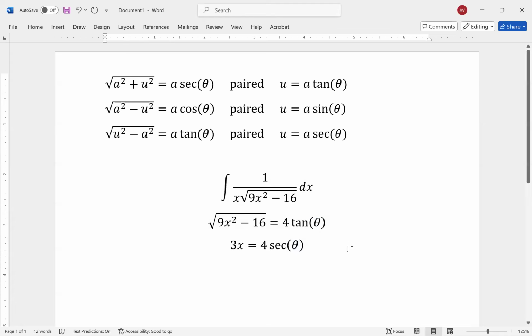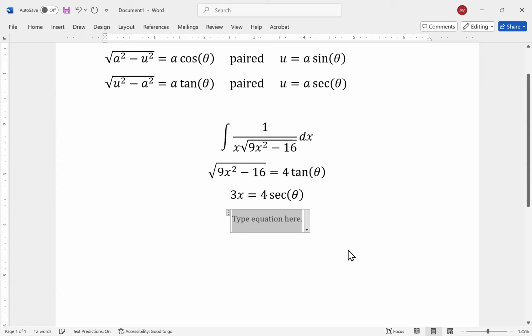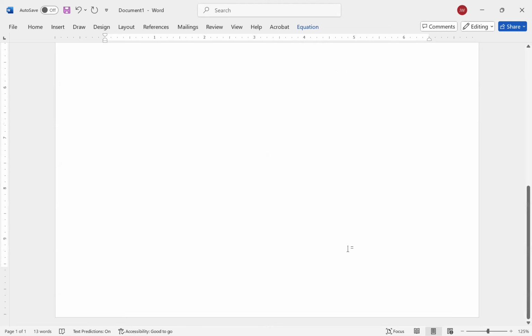Now, when we divide by 3 and then take a derivative, my derivative with respect to theta is equal to 4/3, my coefficient there. Derivative of secant is secant times tangent.